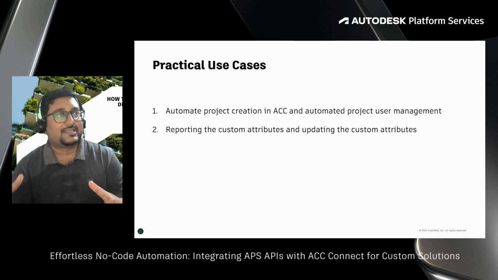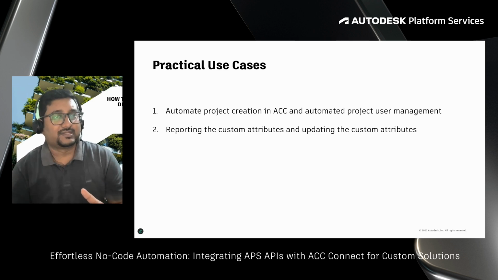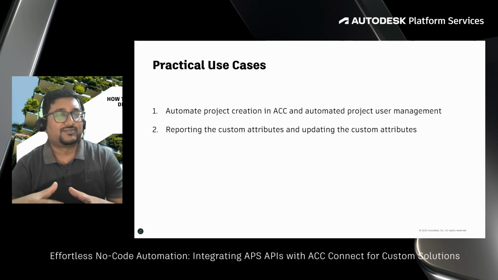You can also use that same Excel sheet to update the custom attributes based on the data that is entered by the user. So these are some of the other practical use cases which you can leverage by using the set of APIs. And that does not limit you there. You can definitely connect to third-party platforms through the set of functionalities that we talked about. So the possibilities are limitless.